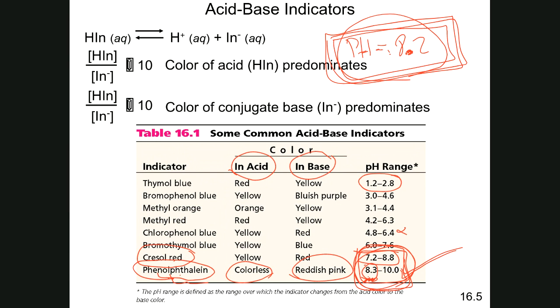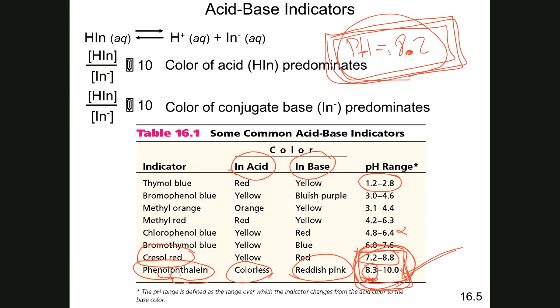When you perform an experiment, the experiment is going to tell you which indicator to use because someone else has done the work. They found out which indicator would work best for that experiment.